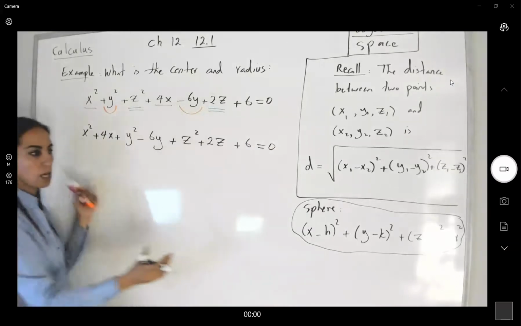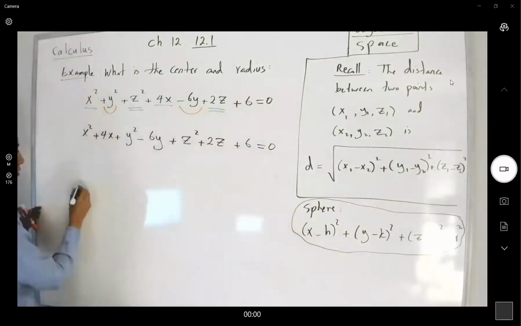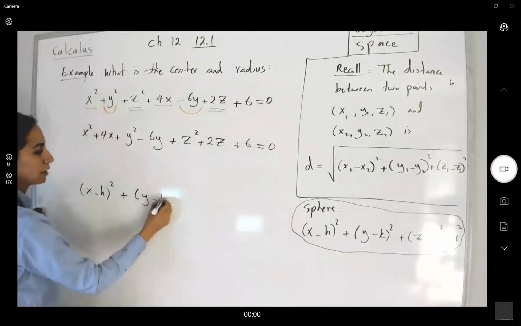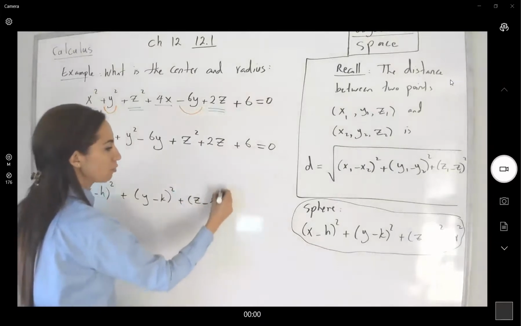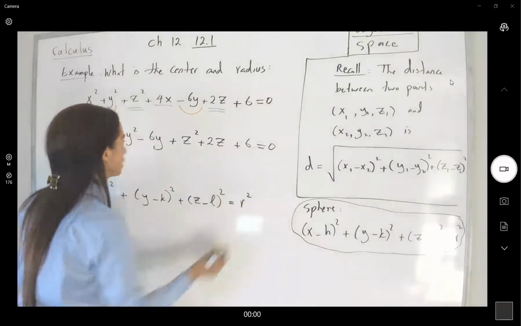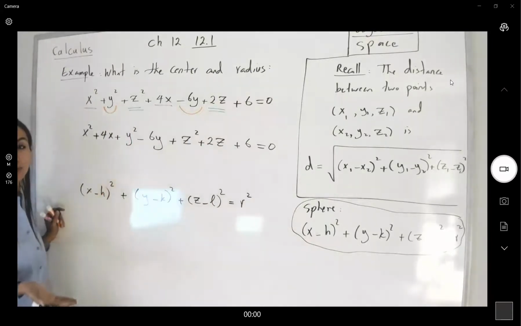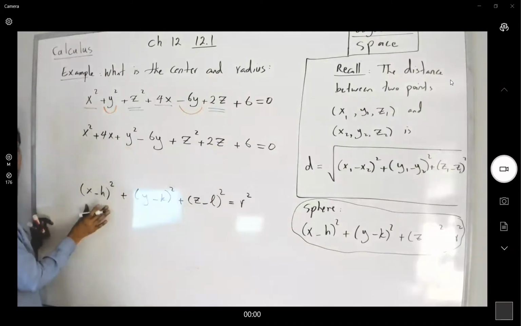What I want is x minus a number, in parentheses, raised to the second power. I need x minus h squared plus y minus k squared plus z minus l squared equals r squared. I need to complete the square. What I'm going to do is add and subtract the constant that helps me write this in compact form.